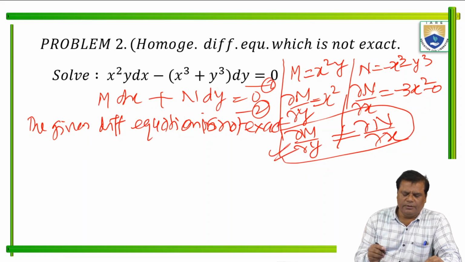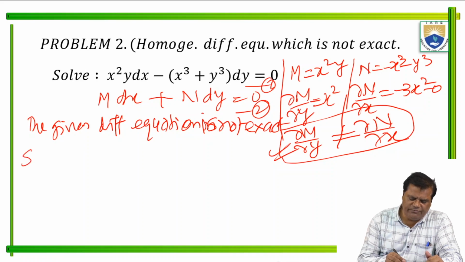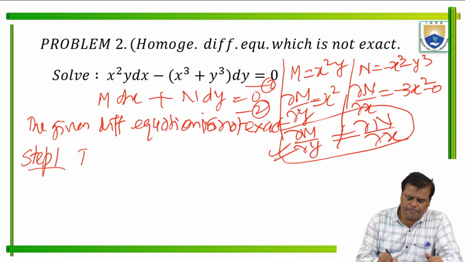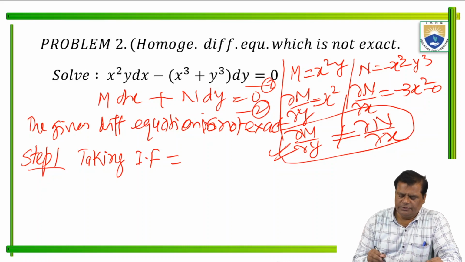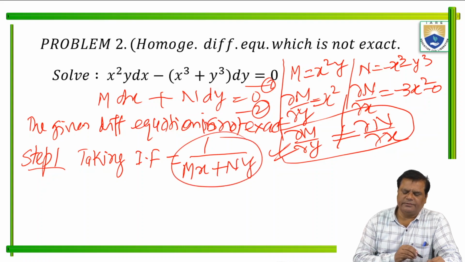Now step 1: we make this homogeneous equation exact. Step 1 is taking the integrating factor, IF, which is 1 upon Mx plus Ny. This is the integrating factor.